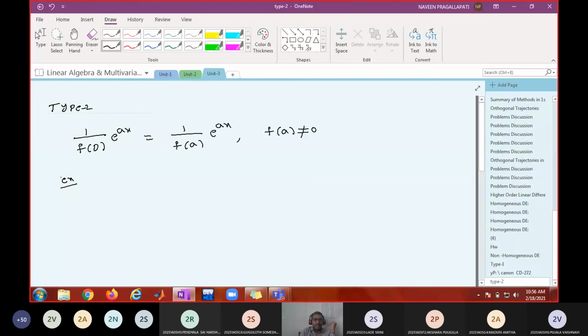Example, 1 by (d square plus 1) of e power 2x. Substitute 2 here: 2 square plus 1, e power 2x. Is the denominator 0 or non-zero? Non-zero. Therefore, the answer is simply 1 by 5 e power 2x. As long as f of a is non-zero, this formula works.